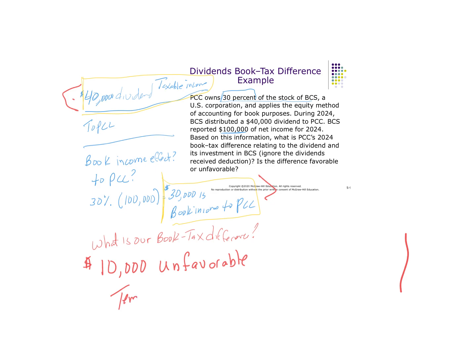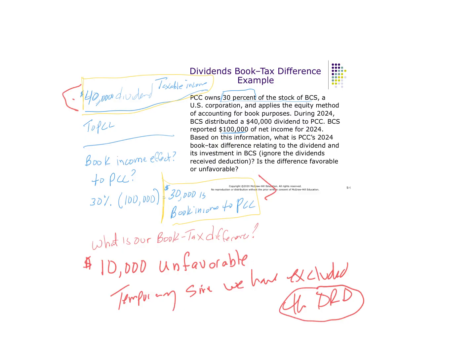This unfavorable difference is temporary, since we have not talked about the dividends received deduction. Any difference resulting from the dividends received deduction is going to be a permanent difference.